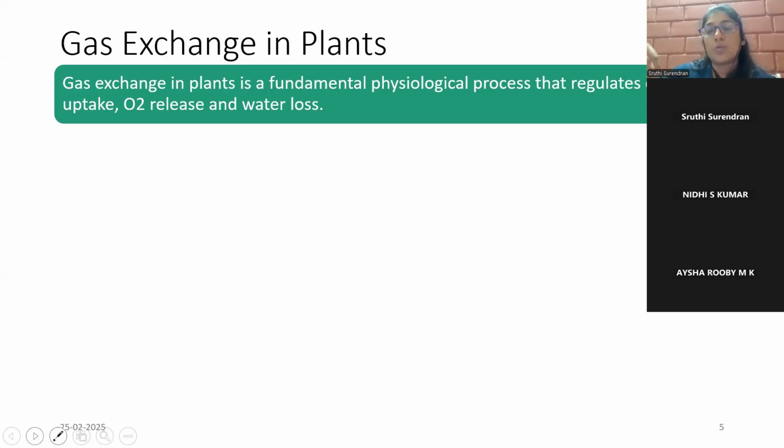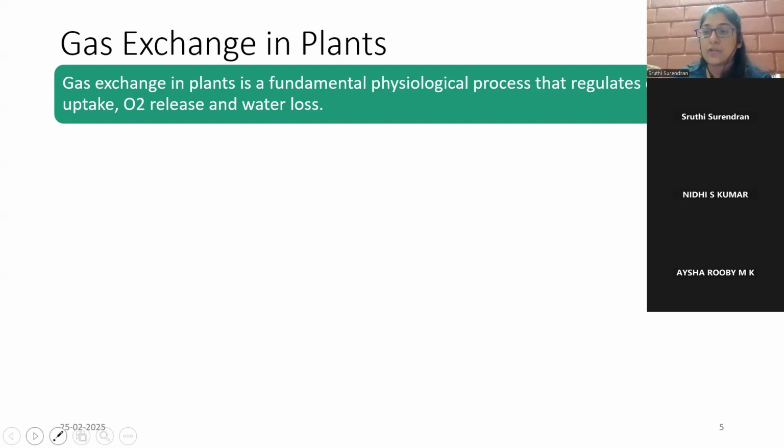And this water is going to leave the leaf from the same pores called stomata that are being used to take in carbon dioxide. So during this process, there is an exchange of carbon dioxide between the atmosphere and inside the leaf.